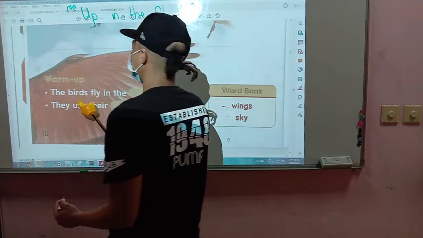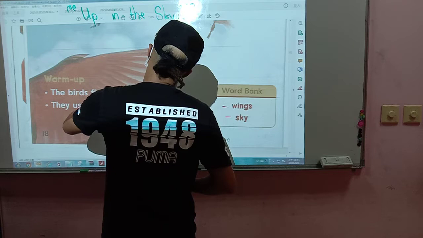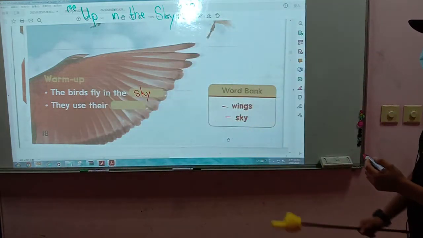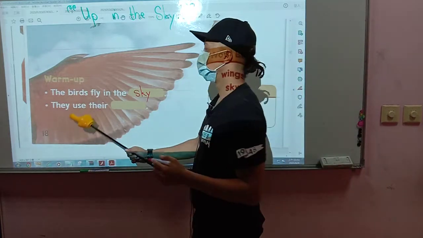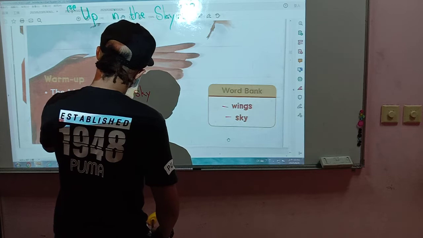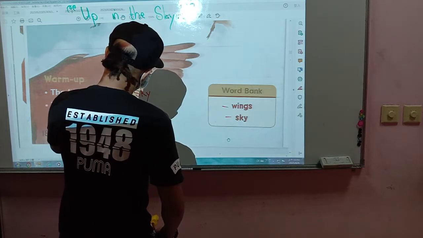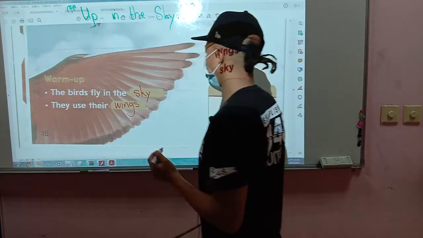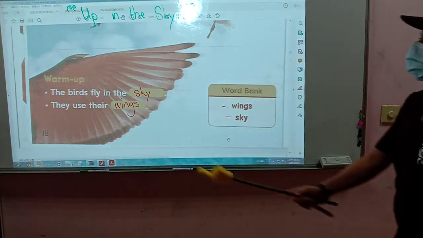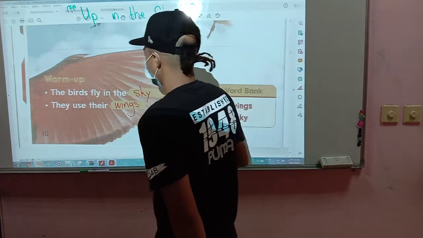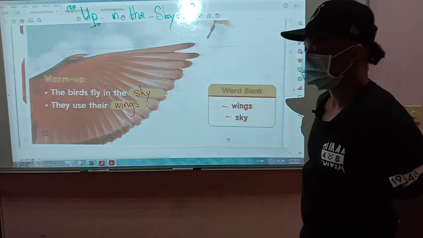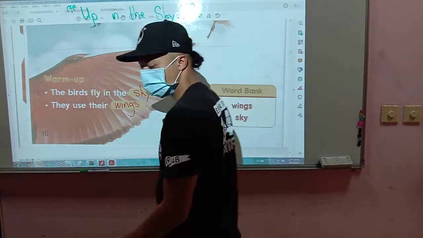Of course, the birds fly in the sky. Okay, and then they use their what? They use their wings. Okay, so they use their wings. Alright, so here you can see this is a beautiful red wing, so pretty. Okay, and then let's go and look at our vocabulary words.